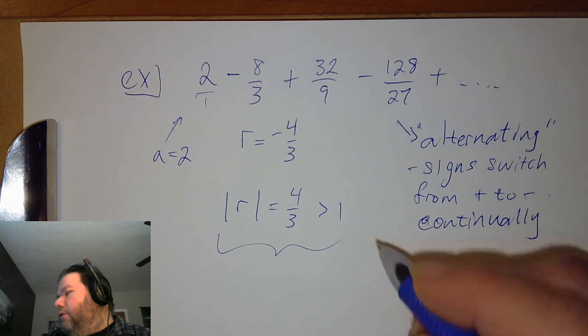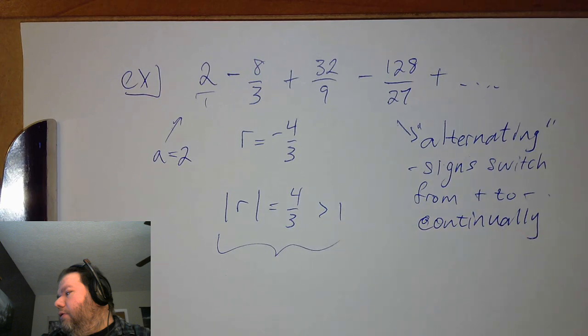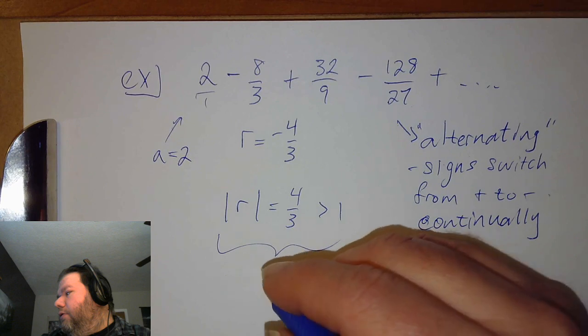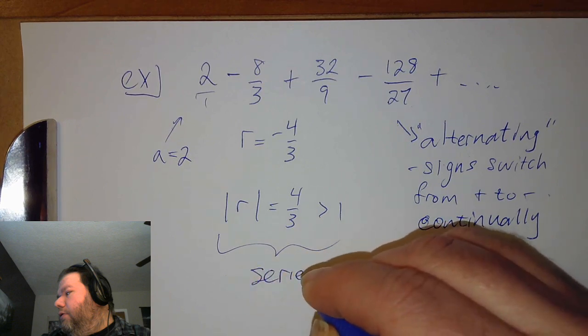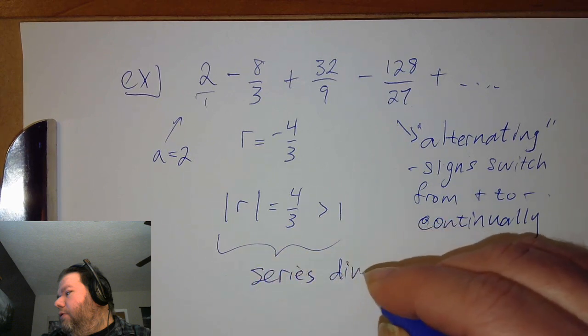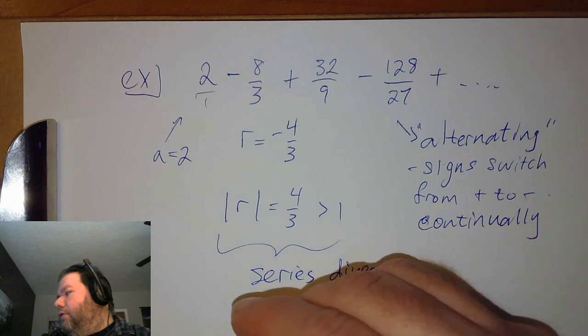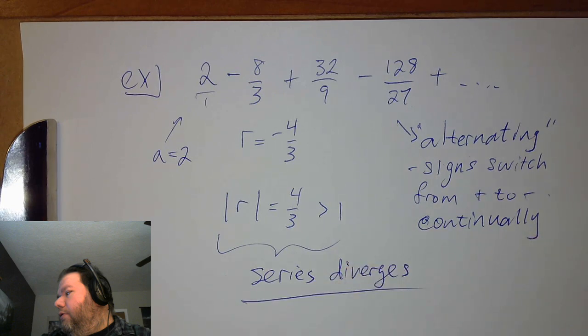Because the absolute value of our ratio is bigger than 1, go back to the previous page, we said if the absolute value of the ratio is bigger than 1, the series diverges. Okay? And we can actually tell it's divergent because the numbers are getting larger and larger.